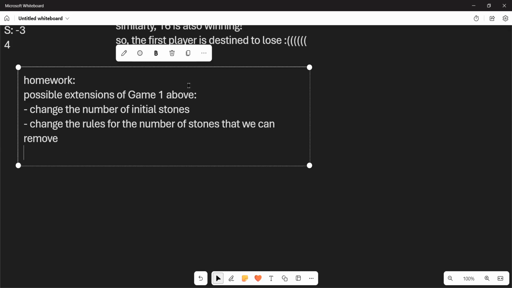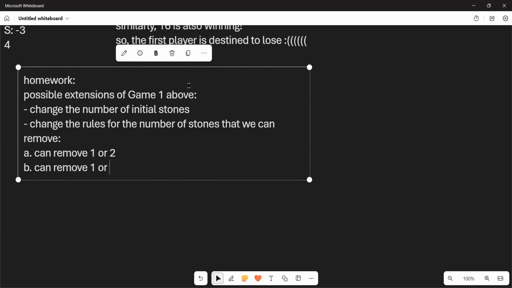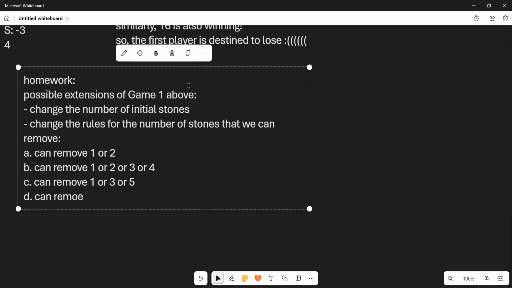Some examples if you want to try: can remove 1 or 2, or can remove 1 or 2 or 3 or 4, or can remove, let's say, 1 or 3 or 5, or 1 or 7 or 9, etc., etc. Just be more creative, be as creative as you can be.